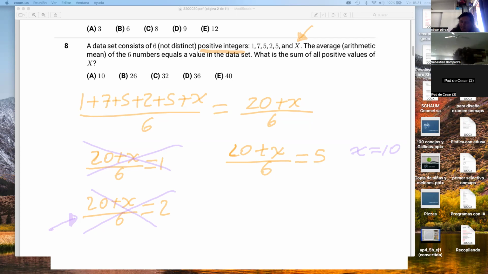X equals 22. X over 6 equals 7. X is 22. Okay. We still need another one.